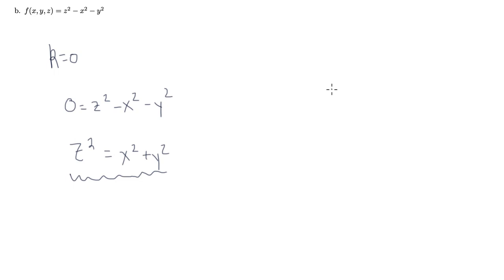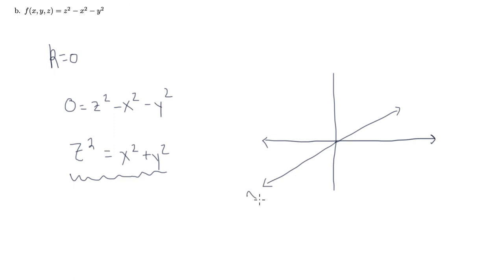So if we look along the z-axis, here's x, y, and z. For instance, when z is 0, now this is just the k equals 0 surface, we'll have 0, and then if we go up to 1, we'll have a circle of radius 1.